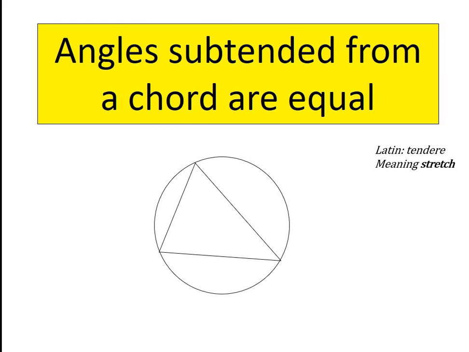If we stretch this, then the angle subtended from the same chord will be equal. So if I did the same thing here, so a line going up and down, a line going up and down, it could go anywhere on the circle, but wherever it meets the edge of the circle, those angles will be exactly the same. So if this angle here is 45, this will also be 45.